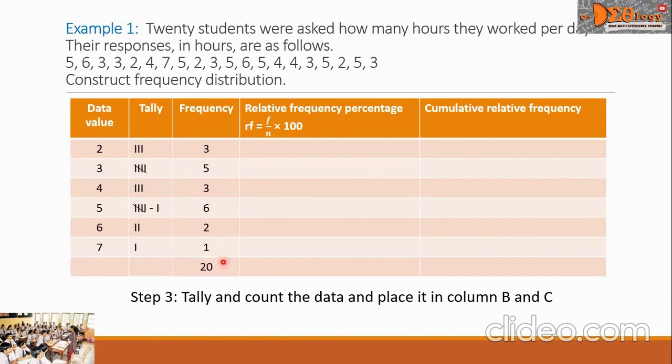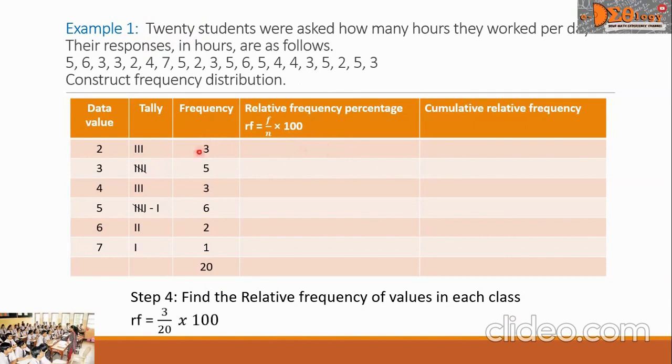And then we will take the total, and this is now equal to 20. This 20 must be the same with how it is described in our problem. So it's written here 20 also. Now, for step 4, find the relative frequency of values in each class. Let's begin with our first row. Using our formula, we have this frequency 3.